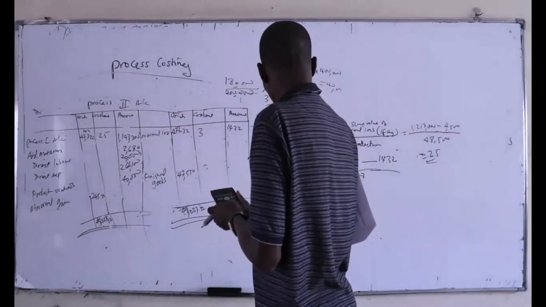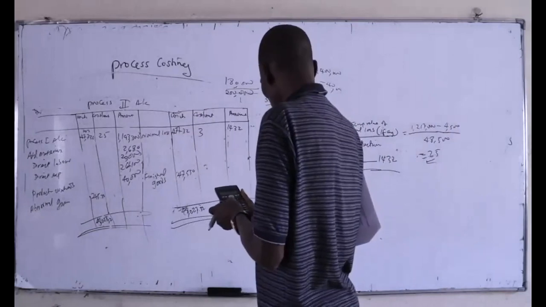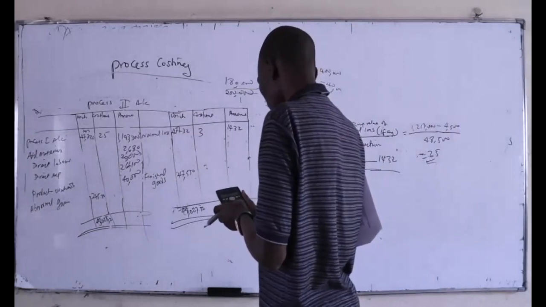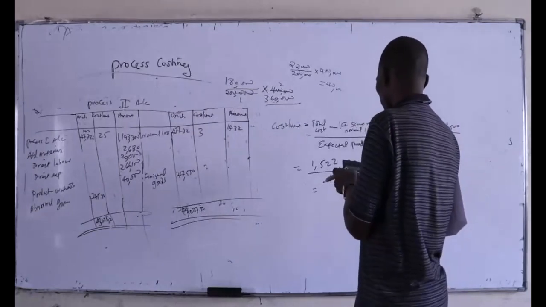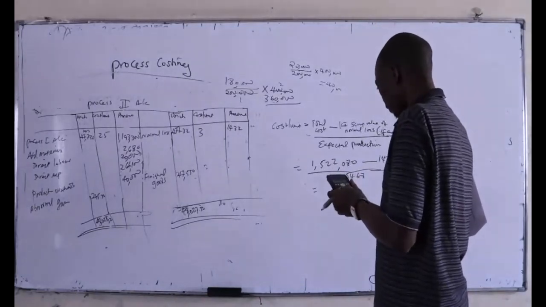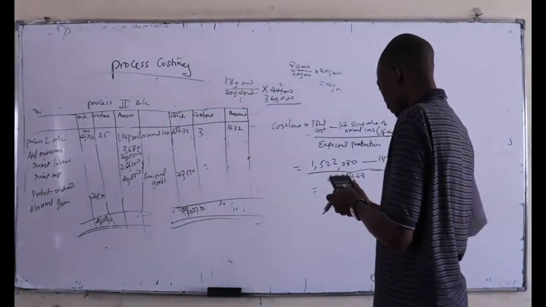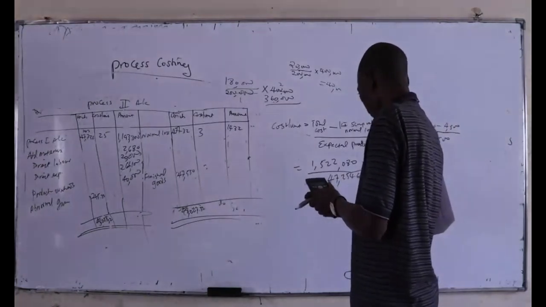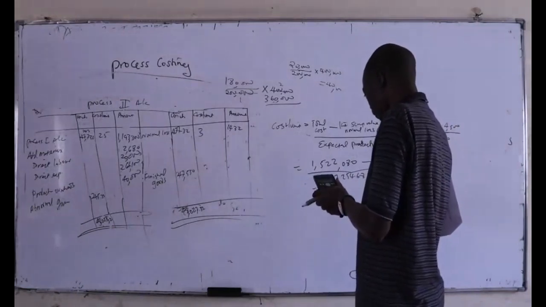So let's see what that will give us. 15,22,080 minus 1432 divided by 47,254.68. That gives you 32. Just a minute, again. We have said 15,22,080 minus 1432 divided by 47,254.68.